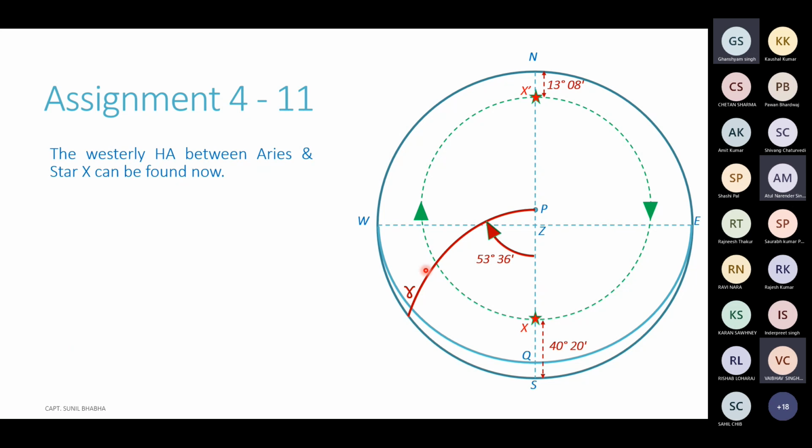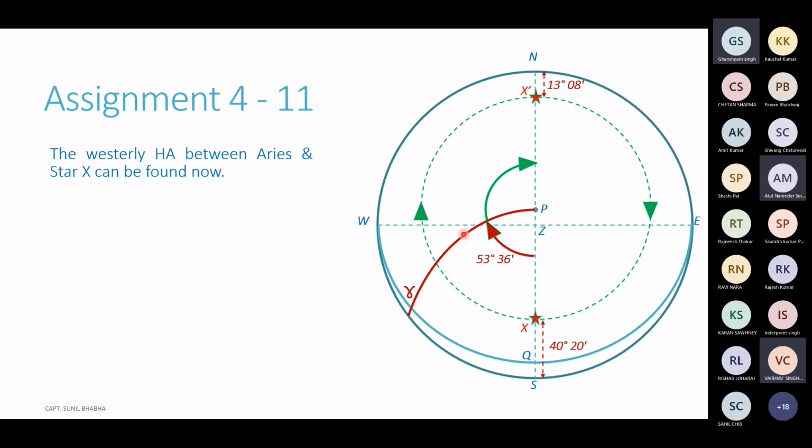Now you see, we can find out the westerly hour angle between Aries and star X. Now when Aries was at this particular location at the time of evening twilight, the Aries was at this particular location and our star was at the location of X dash.